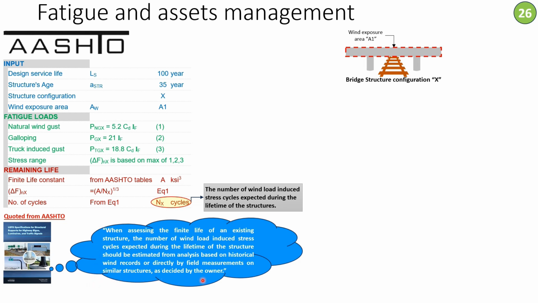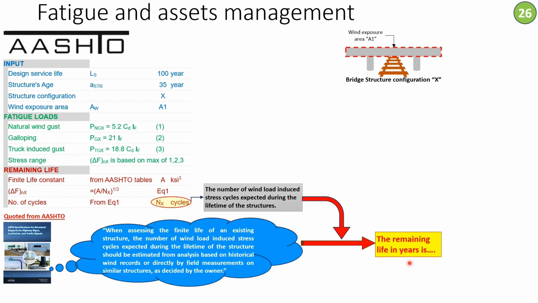If you did this exercise in the blue cloud here and you find out that the number of cycles by field measurements or historical data is less than the number of cycles allowed by H2, then you should be okay. But if you find them more than the number of cycles allowed by H2, then you are in trouble. Not in trouble, but the remaining service life will be less than what is given in the equation. And that's about it.